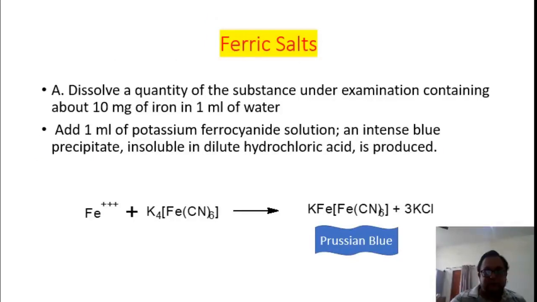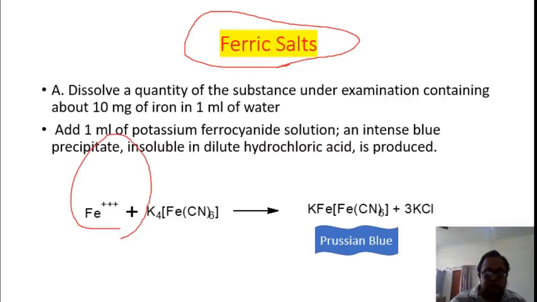In this test, we are trying to identify the ferric. This is the ferric. Now see what we are doing: we are simply adding potassium ferrocyanide. So the combination of ferric and ferrocyanide again gives the blue precipitate, which is insoluble in dilute hydrochloric acid.